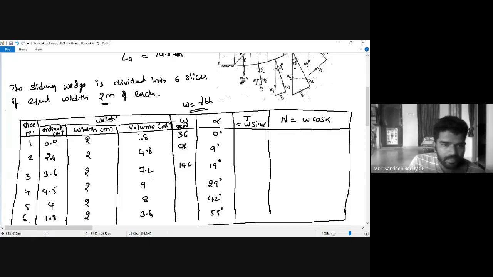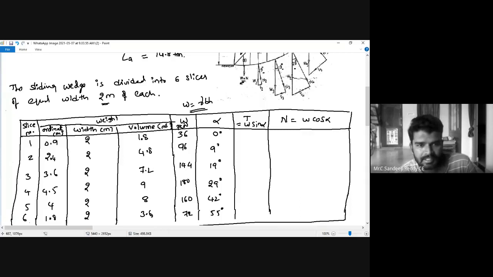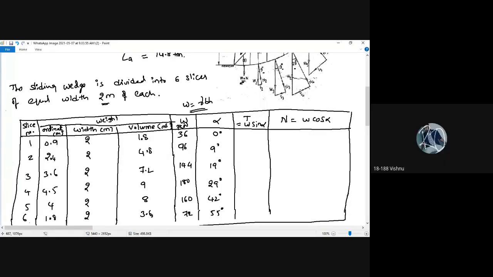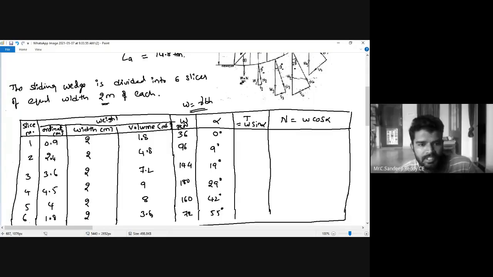Then 9 into 20, 180 kilonewtons. Then 8 into 20, 160. Then 3.6 into 20, that is 72. For these values, is it clear? So W is equal to 36 for the first slice, the second slice is 96, for the third slice it is 144, for the fourth slice it is 180, the fifth one 160, and the sixth one is 72 kilonewtons.